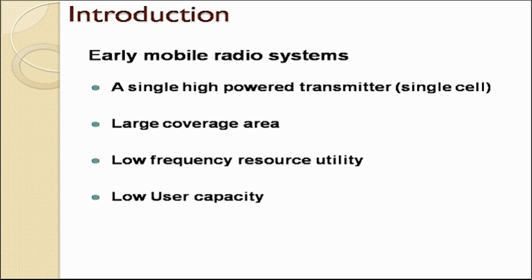This approach achieved very good coverage, but it was impossible to reuse the same set of frequencies throughout the system. In early mobile radio systems, low frequency reuse is one drawback, and the next drawback is that user capacity is also low. So, that is why we go for the cellular concept.